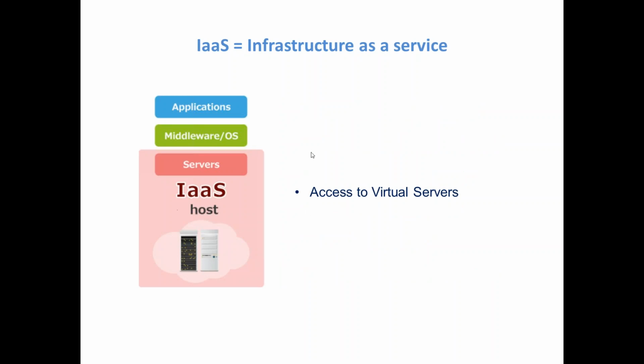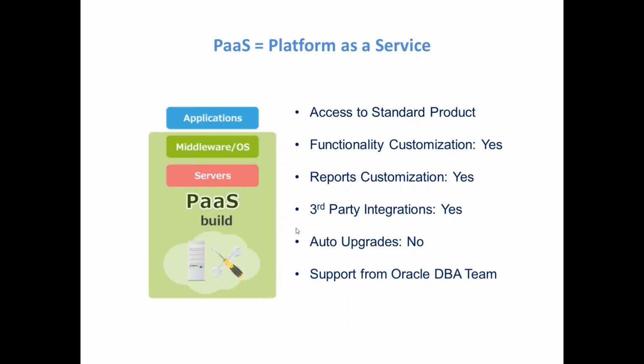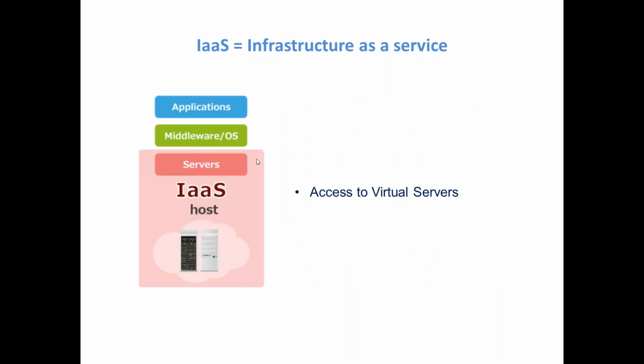You'll get virtual space access as a hosting service. Within that, you can install your operating system and applications. Say, for example, you don't want to use SaaS or PaaS from Oracle. You may take the IaaS subscription from Oracle. You'll get a virtual space from Oracle to maintain any data or application.